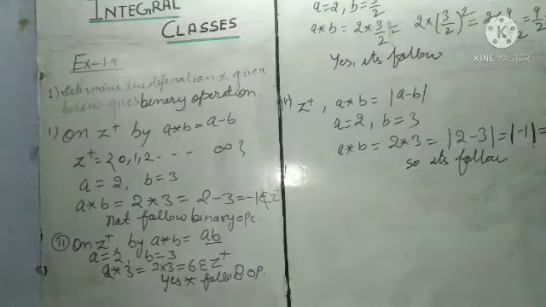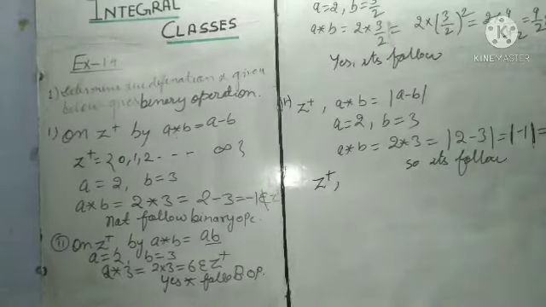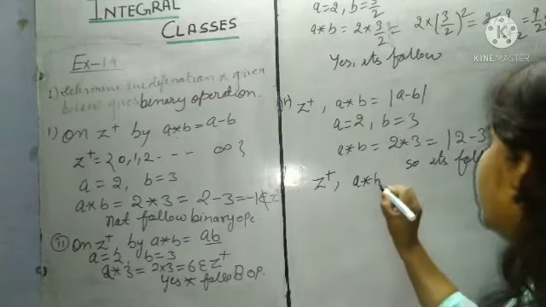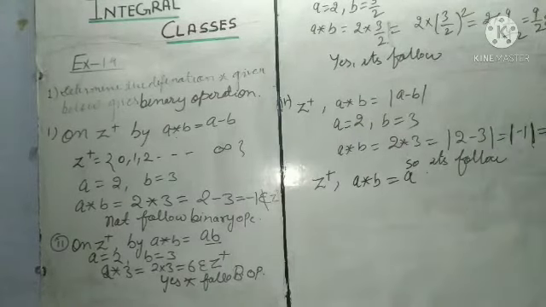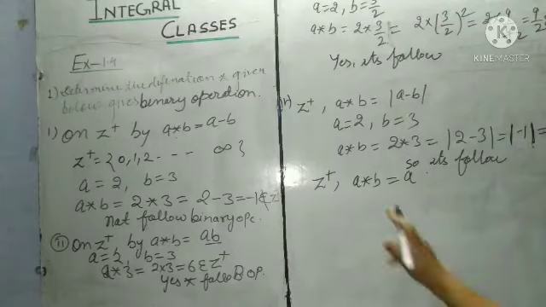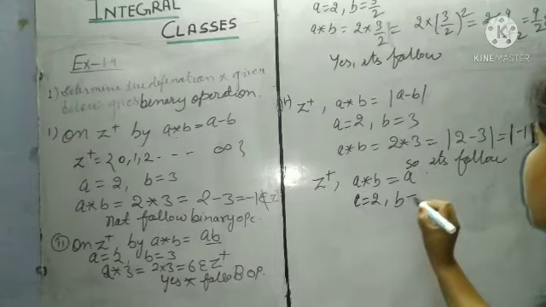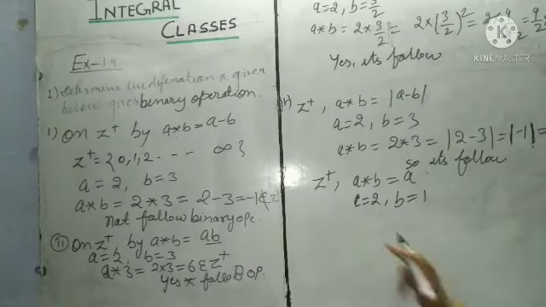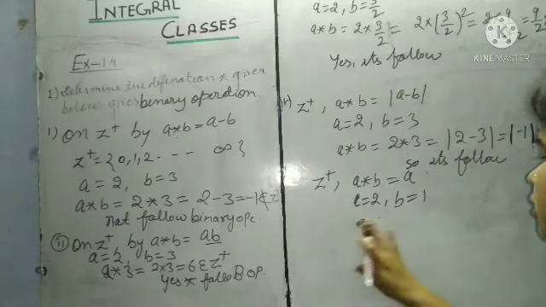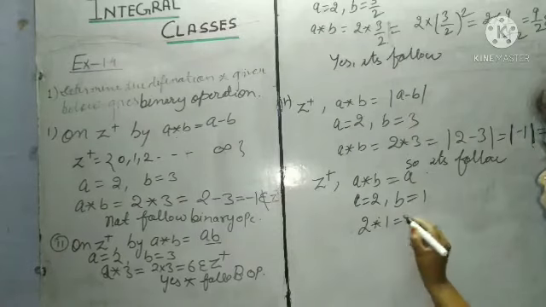Now question number 5. In question number 5, we are given that it is defined on Z plus, and the binary operation star is given as a star b equals a. So students, again we take Z plus, a equal to 2, b equal to 1. Then we apply a star b, 2 star 1 equals 2.